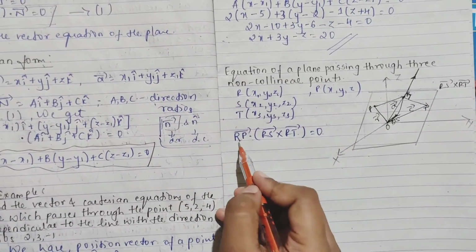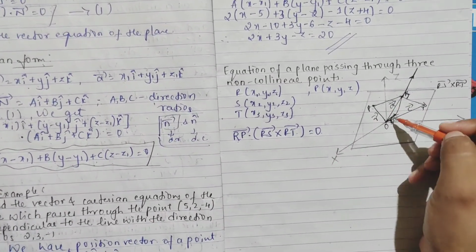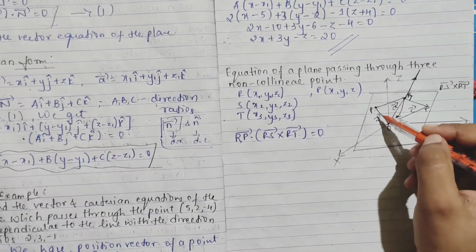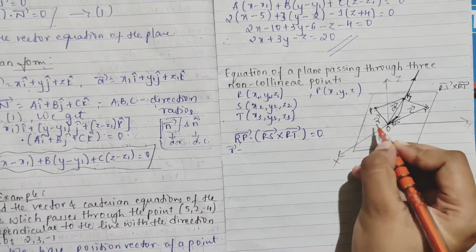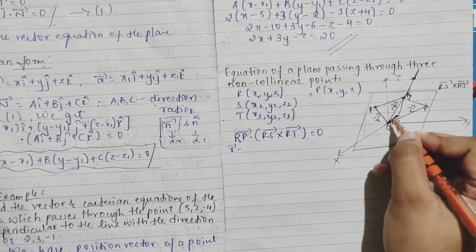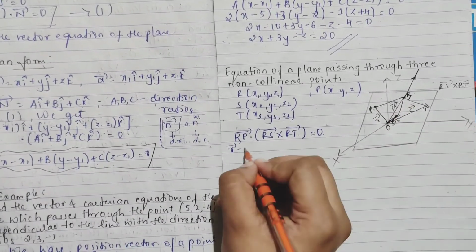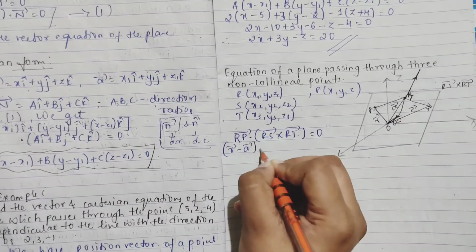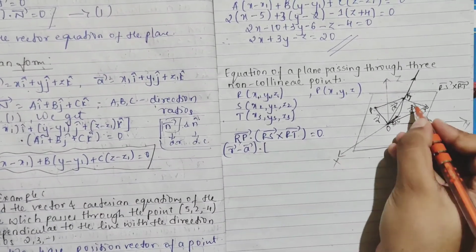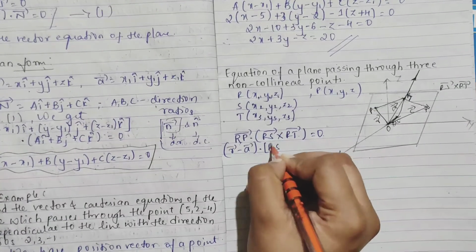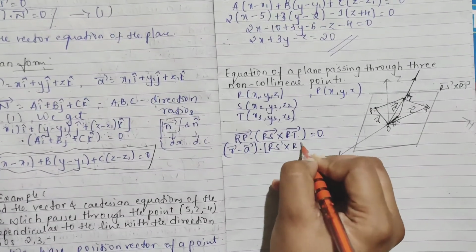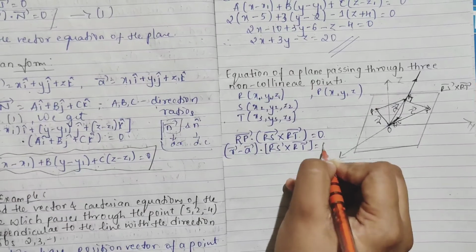Now, how will you get vector RP? If you consider this, it will be r minus a, right? Vector RP is your position vector minus the position vector of the given point. So you will get this, and your vector RS and vector RT. For the time being, we'll keep it.